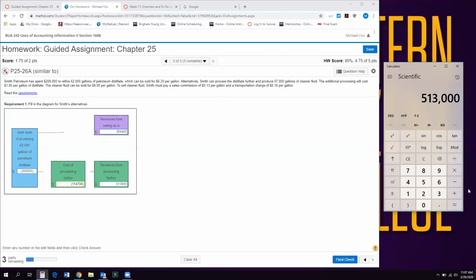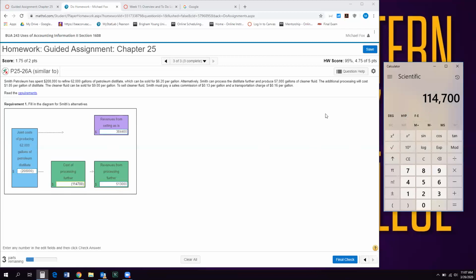And again, maybe I'm missing something obvious here. 62,000 times $6.20, 384,400, 208,000 in joint costs, cost of processing further is $1.85 times 62,000 gallons of distillate, which is 114,700.